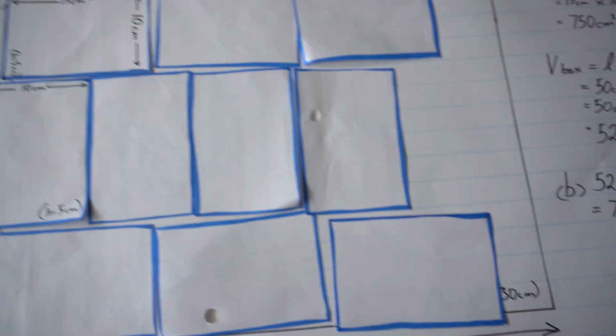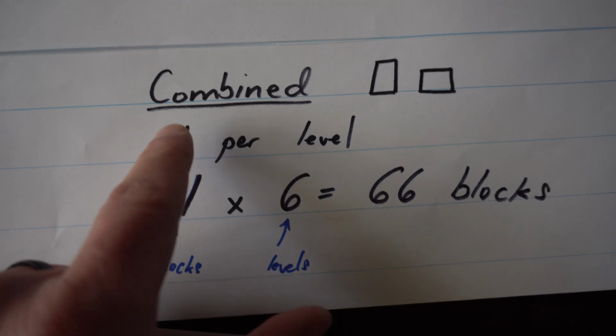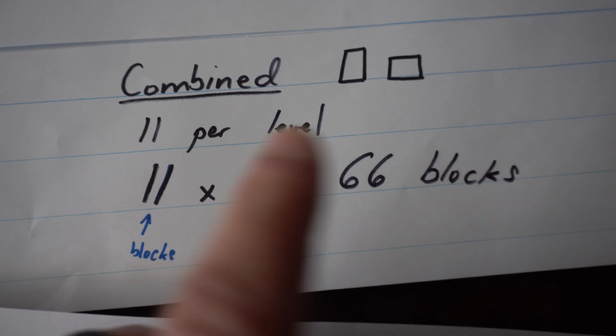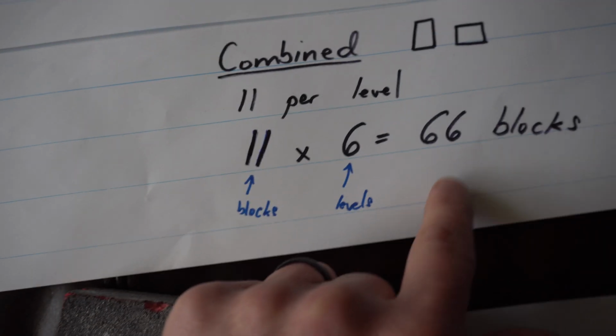I'm missing one. So that will let me fit 11 blocks. What I said there was, for combined, there's 11 per level. 11 times 6 is 66 blocks. So 3 methods and 3 numbers of blocks.